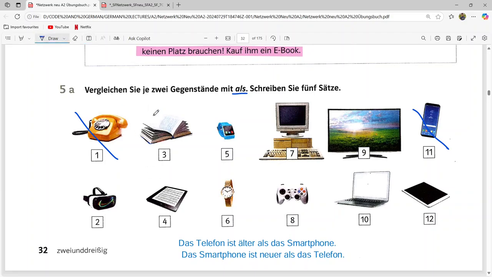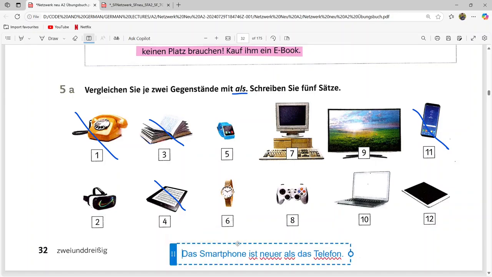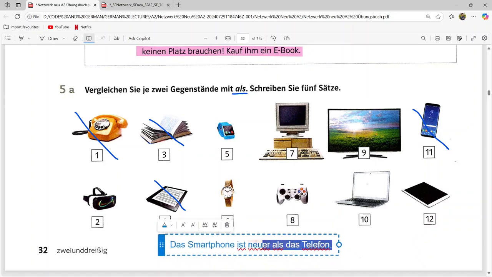Next one, we can compare book with e-book. So how do we write the sentences? Let us write the sentence here. I'll just replace this. So das Buch ist schwerer.